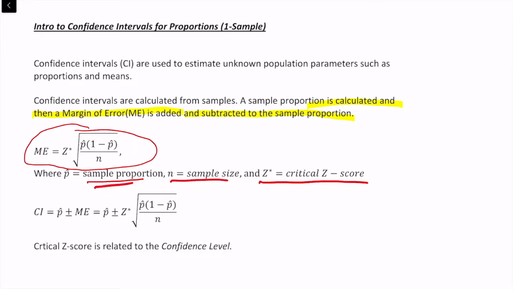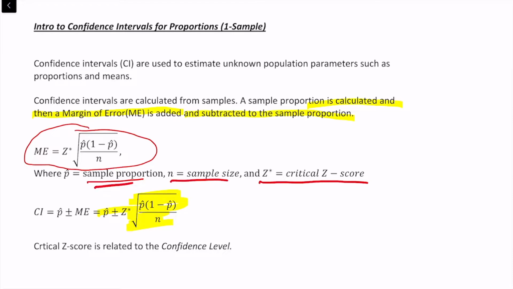So once we have our margin of error calculated, the confidence interval is found by taking your sample value, in this case the sample proportion, and then both adding and subtracting your margin of error. And what you're seeing me do here in this last one is I'm just filling in the formula for the margin of error that we calculated in the step above.